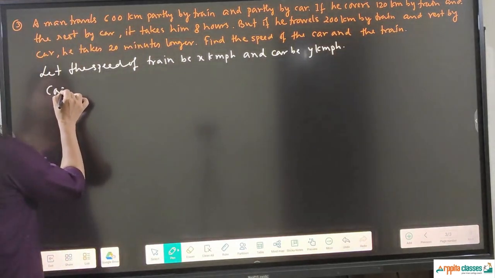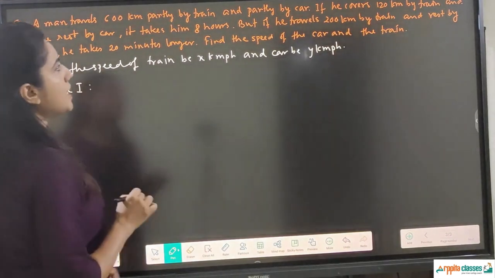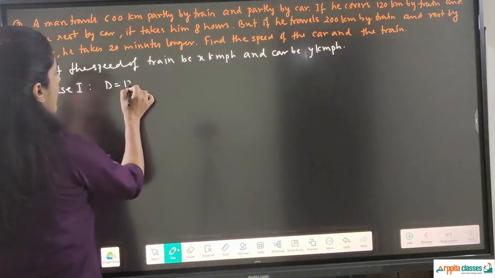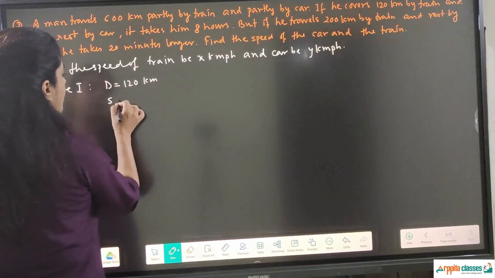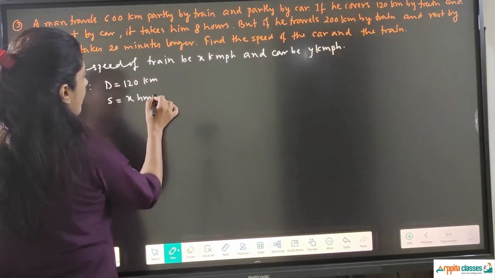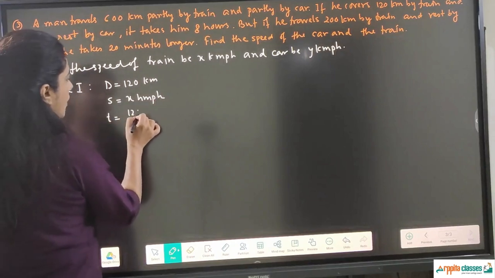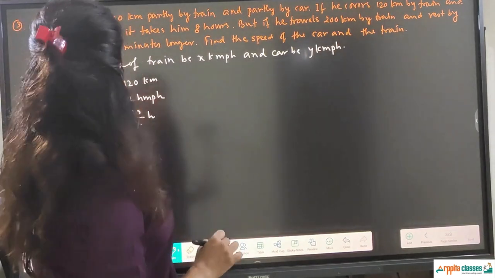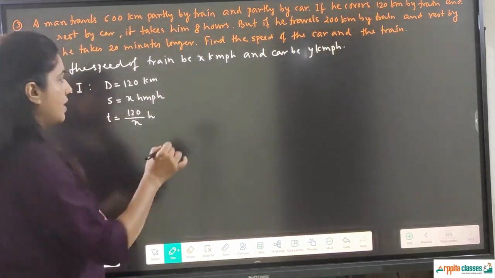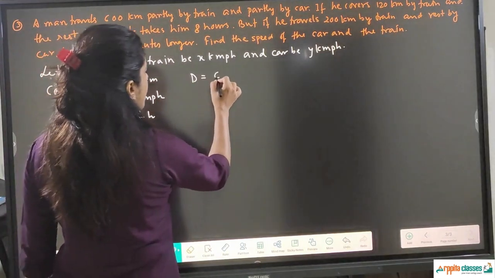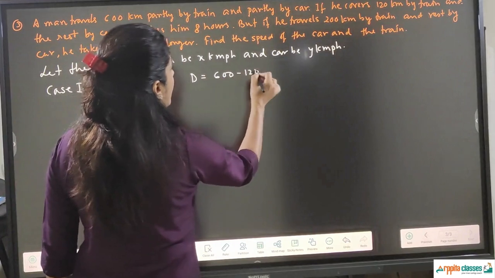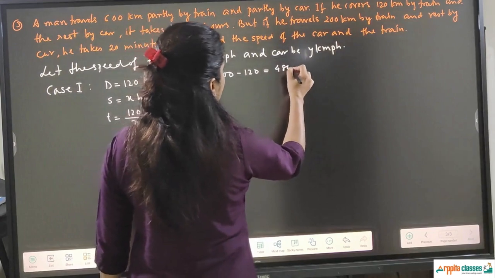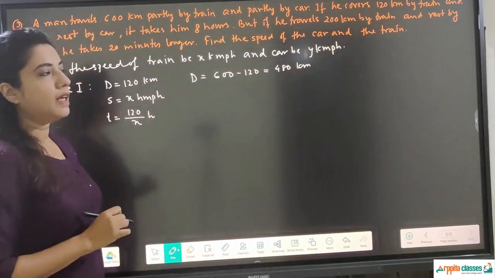Now we'll put the case 1. Case 1 is he covers 120 km by train. So distance is 120 km by train. Speed is x km/h. Therefore the time is 120 upon x hour. Now total distance is 600. So the distance remaining is 600 minus 120, and that is 480. 480 km he travels by car.